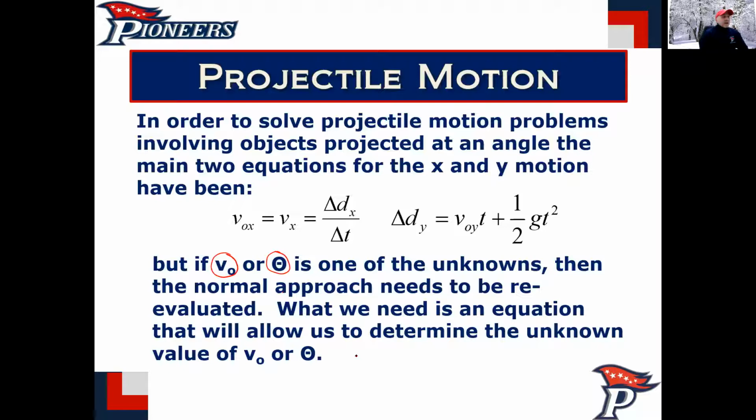If that's the case, we can't do this right off the bat. We can't find VOX and we can't find VOY because either this or this is not given. And so that puts everything to a halt, but we have an equation that will help us kind of backtrack, find that value, so then we can do what we learned last class. We kind of need a new approach or a new equation.